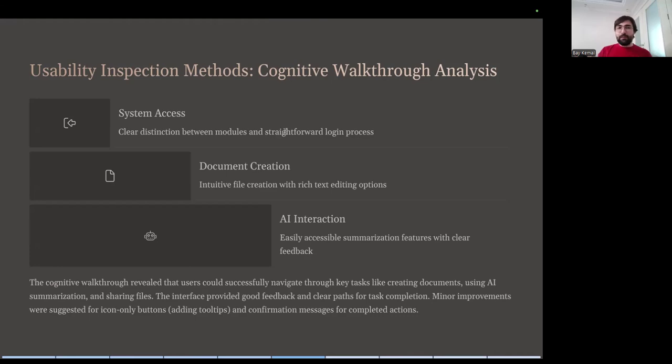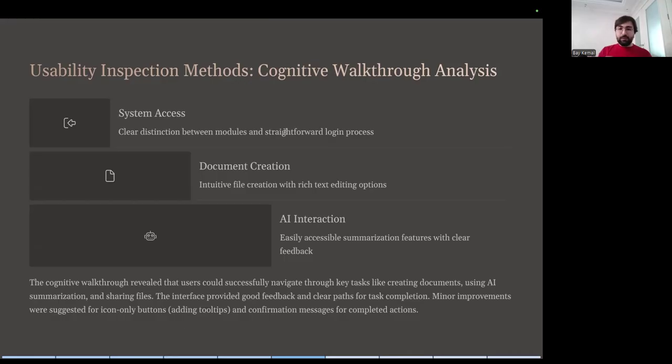She successfully completed tasks such as creating a new document, creating an AI summary, sharing them, and messaging them. When we gave these tasks, it was good.